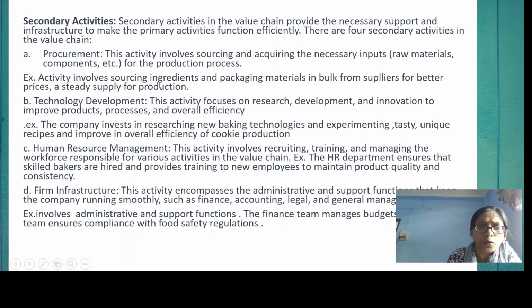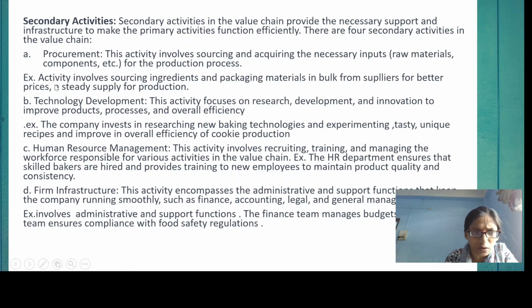We need to maintain a positive, friendly relationship with our suppliers who will be providing us the ingredients for our bakery products, or some packaging materials which will be ancillary products, like attractive packets where we'll pack our cakes, with proper labeling and all sorts of things for better price.